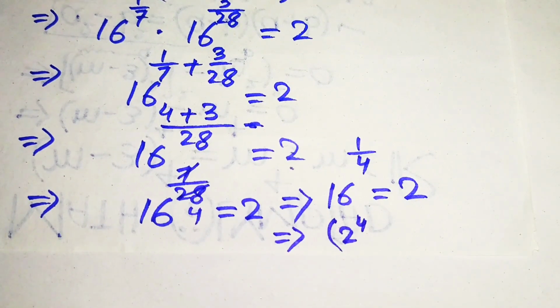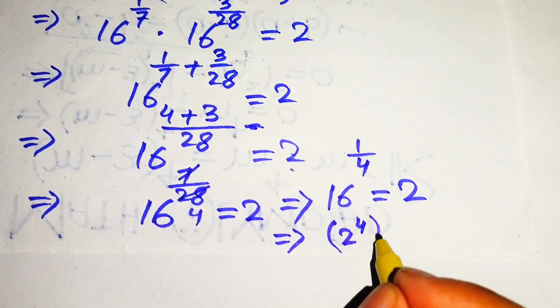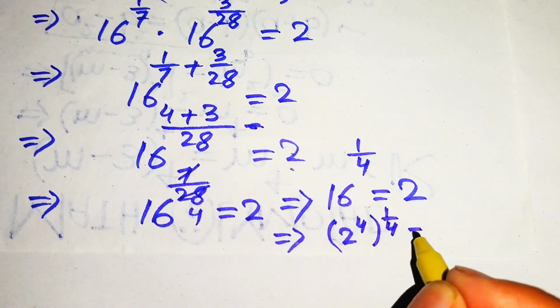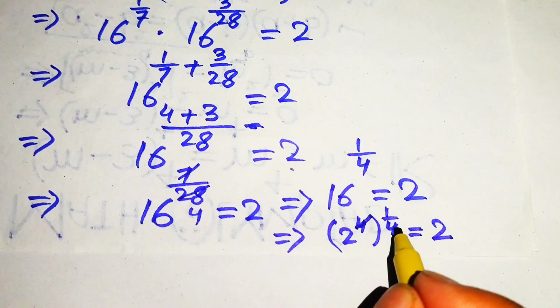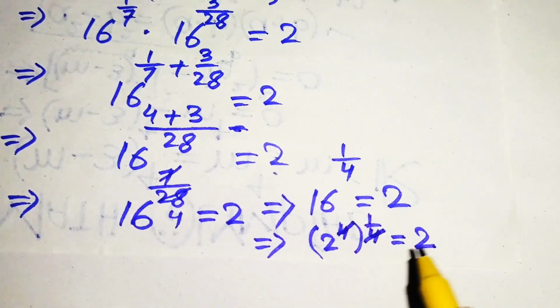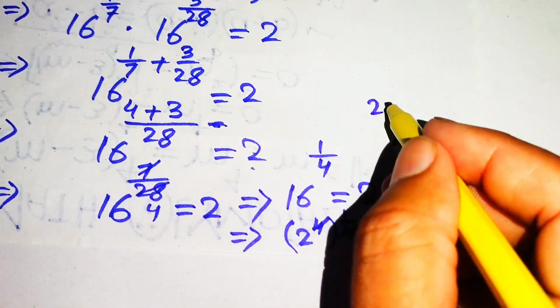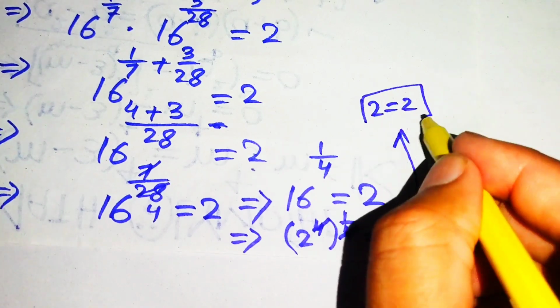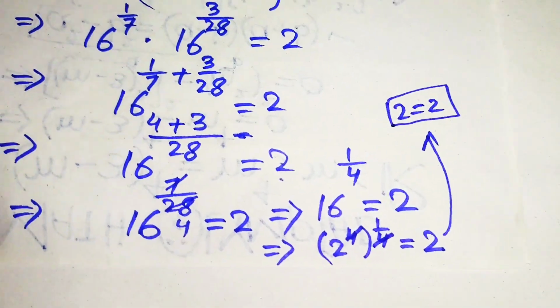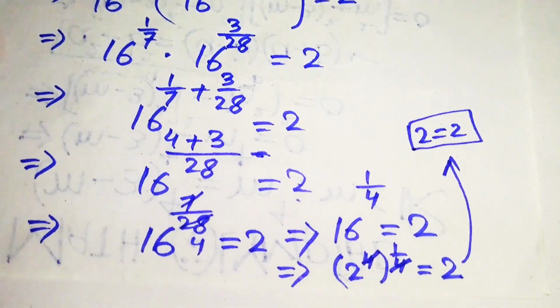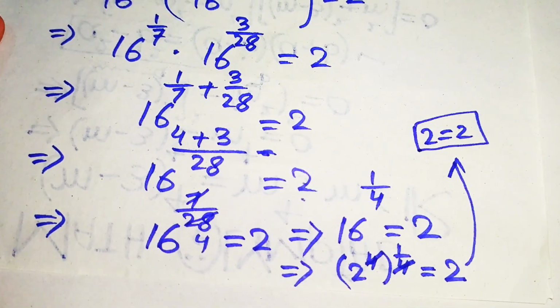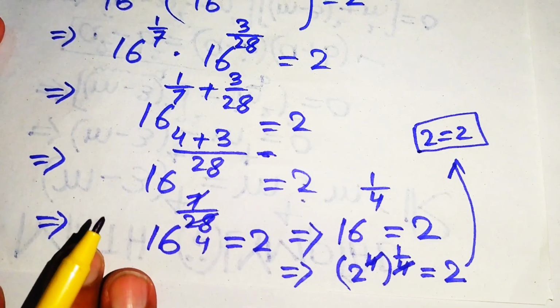We know that 2 to the power of 4 equals 16, and its whole power 1 over 4 equals 2. So this 4 and 4 cancel each other, and we easily get 2 equals 2. This shows that our left hand side equals the right hand side. This means that the value of n satisfies our given question statement.